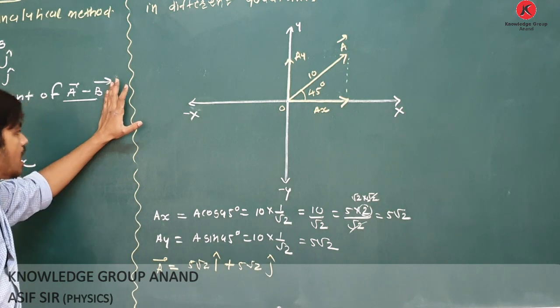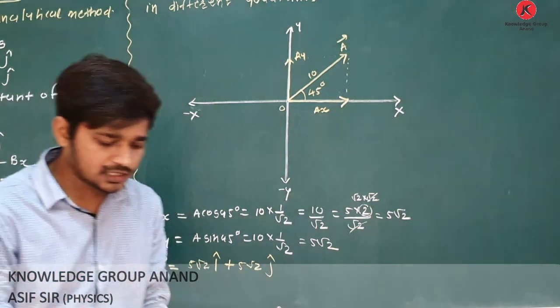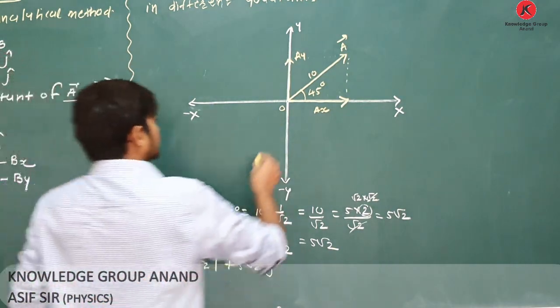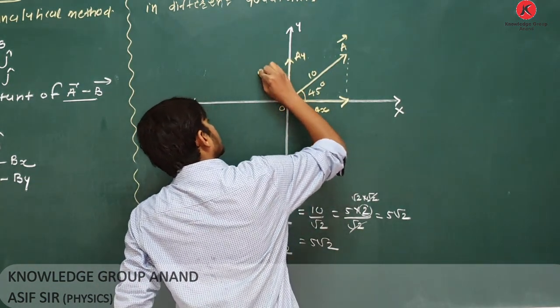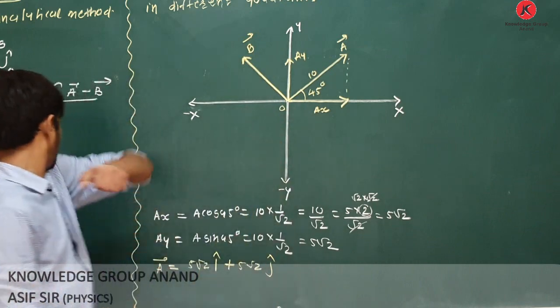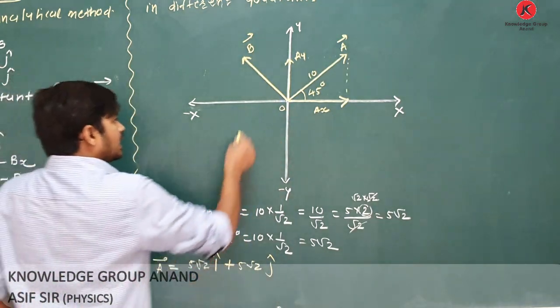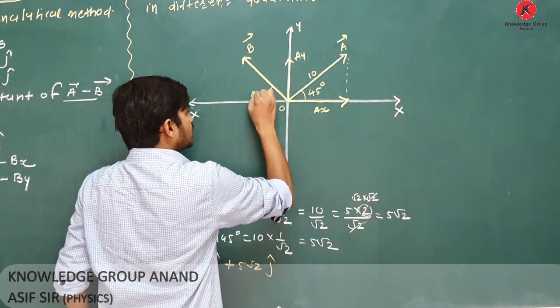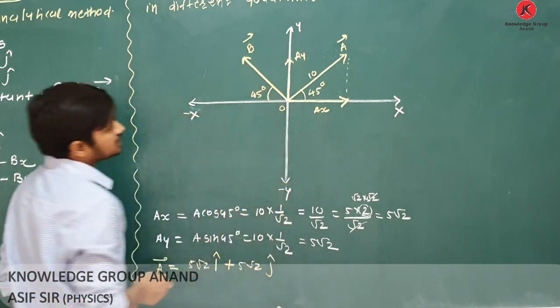Okay. Now I am taking another vector. See, if it is vector B, and it makes an angle of 45 degrees with the negative x-axis.